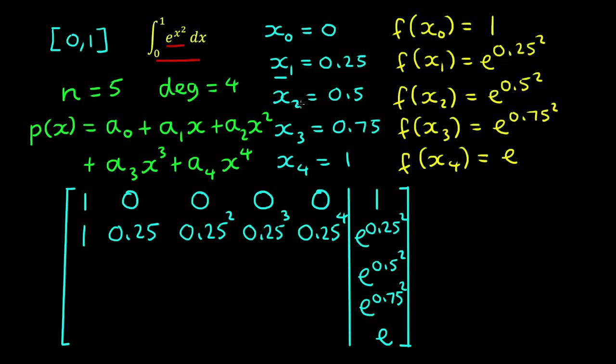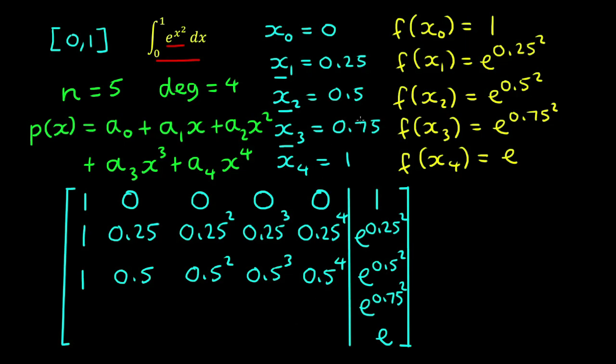For our next equation, we use x2. So we have a0 by 1, a1 by 0.5, a2 by 0.5 squared, a3 by 0.5 cubed, and a4 by 0.5 to the 4.